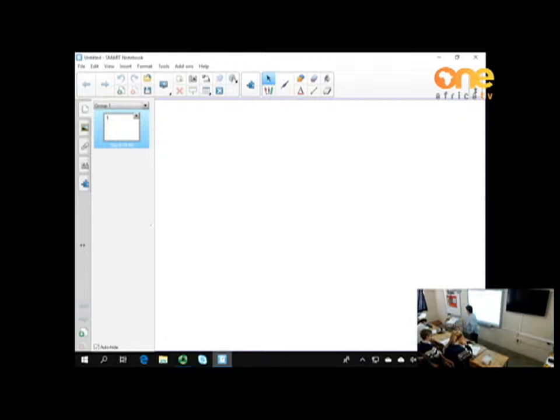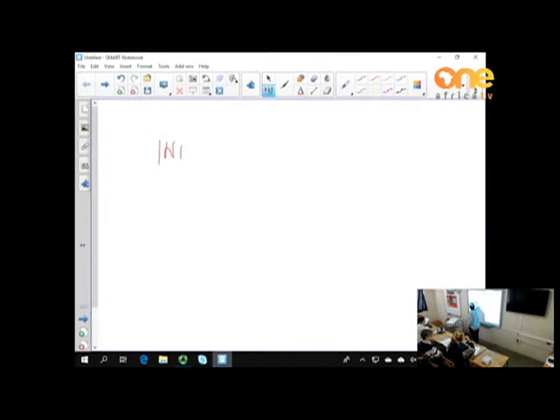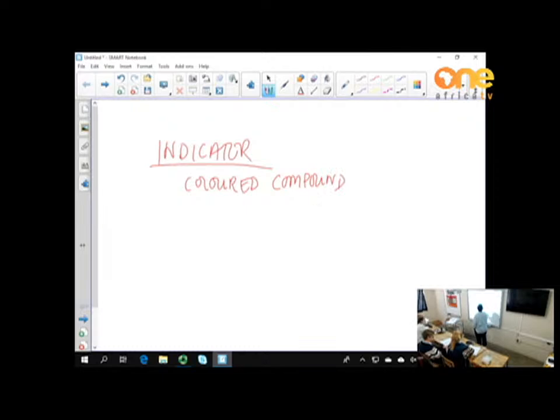What do we use indicators for? Come on. Yes, an indicator in the first place is a colored compound. And it shows by means of a color change.